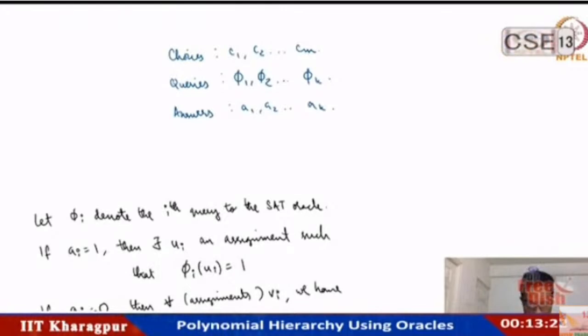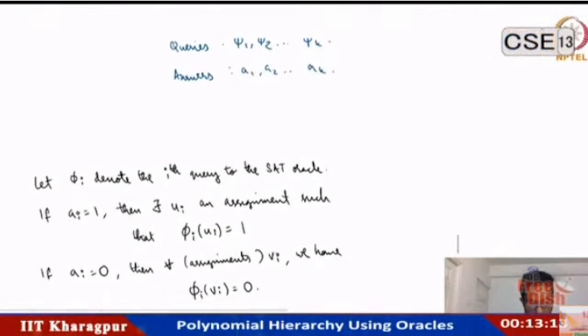This is what I have written here: phi i denotes the ith query. If the answer is 1, which means phi i is satisfiable, then there is a satisfying assignment for phi i. Let us call it Ui.